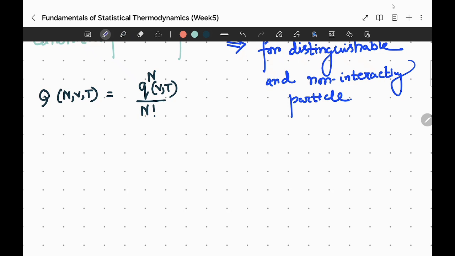Why is this molecular partition function a function of volume and temperature? Because it is in the expression of partition function. That is a general expression, right? e to the power minus beta epsilon j, where the volume and temperature is coming. Temperature I can consider, beta is 1 by kBT, but how is the volume coming?